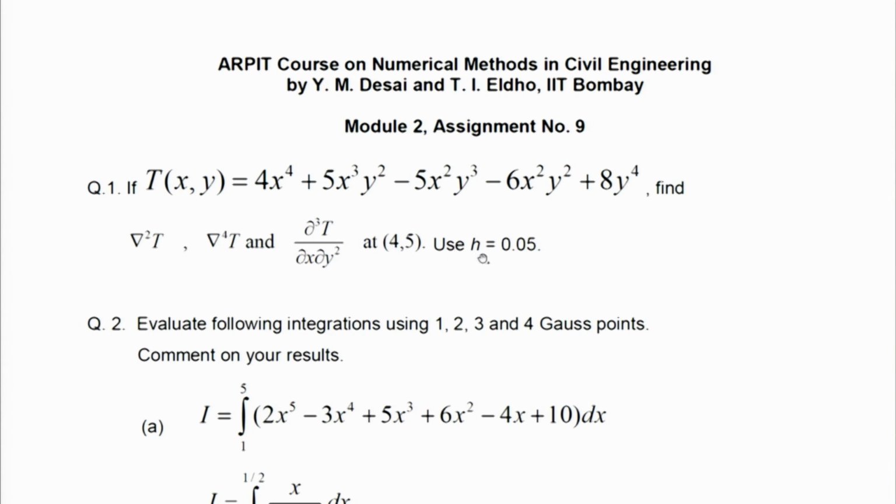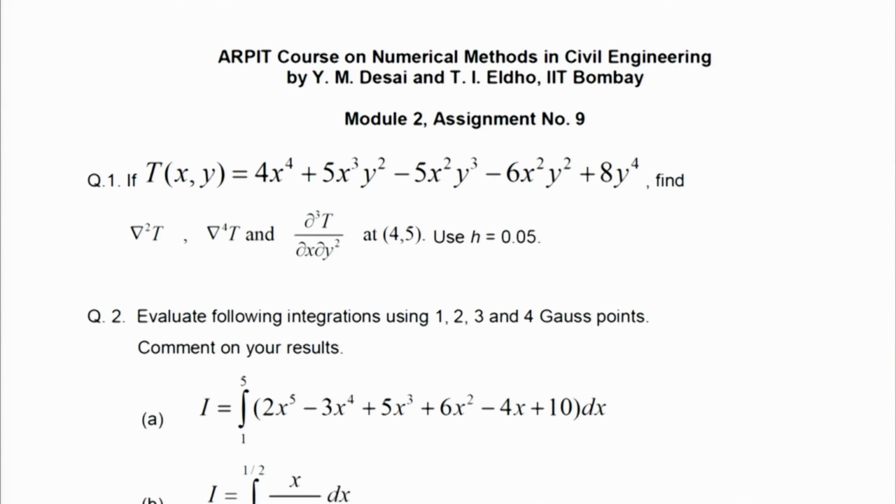Use step length h equal to 0.05. Well, we have discussed all these expressions. We have finite difference molecules for these expressions. Just work out these numerical values. Okay, it is a very simple, straightforward problem.